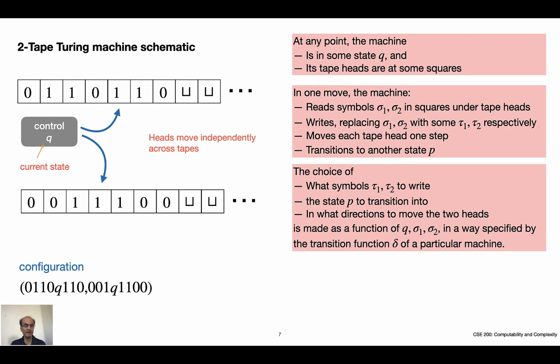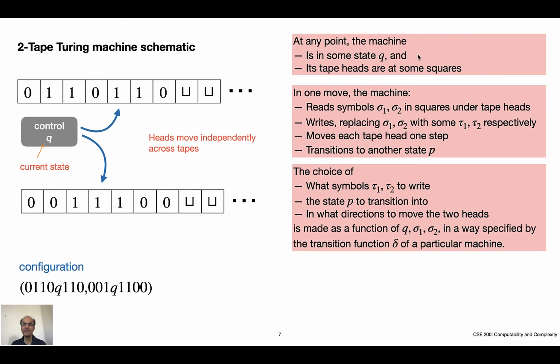Both of them are left terminated, but potentially infinite on the right. And this control will have 2 heads, one of them scanning the first tape, the other scanning the second. These 2 heads can move completely independently. The control can tell each head to move at any point just 1 step, but they don't have to be in the same direction.